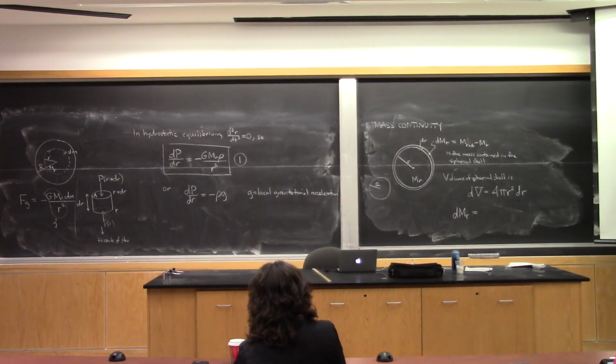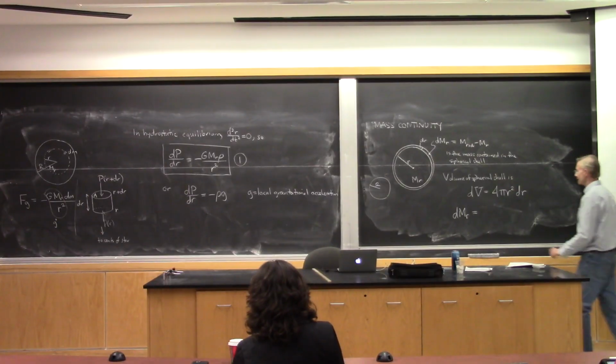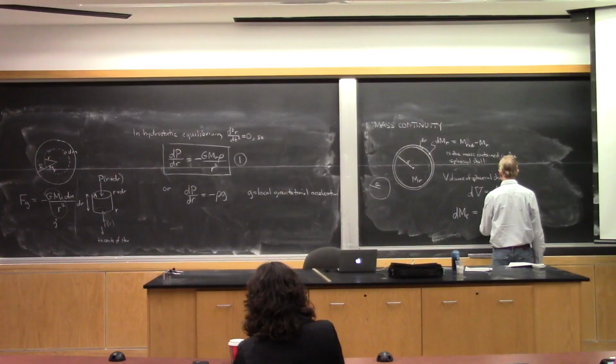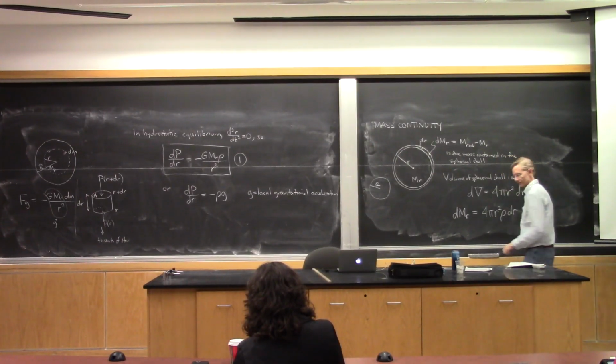In other words, what property of the gas or liquid or solid, whatever it is, do I need to know to get that little dm? Yeah, it's density, right? So dm sub r is 4 pi r squared rho dr.